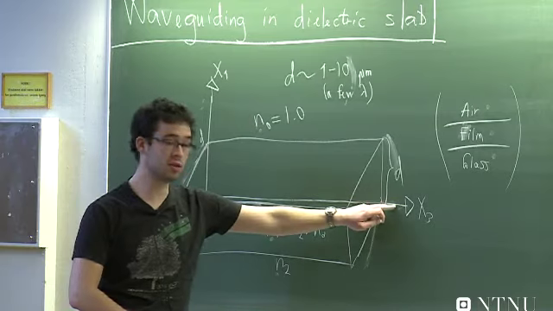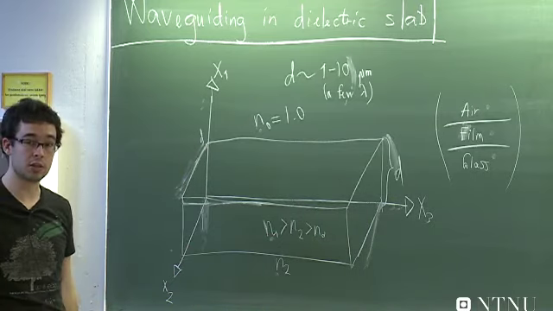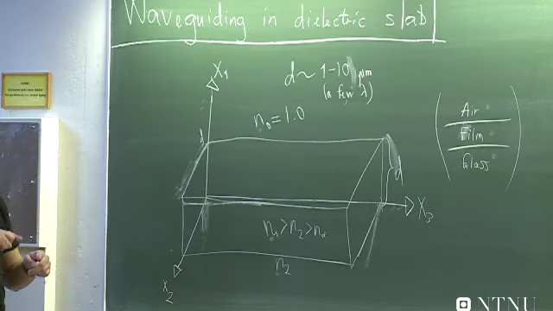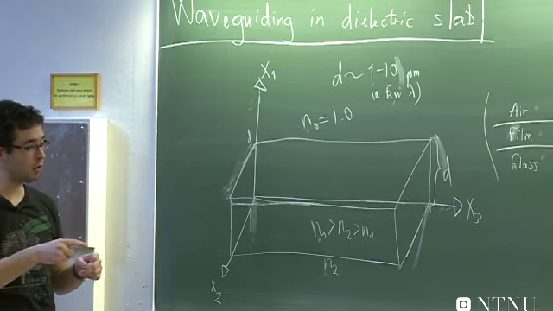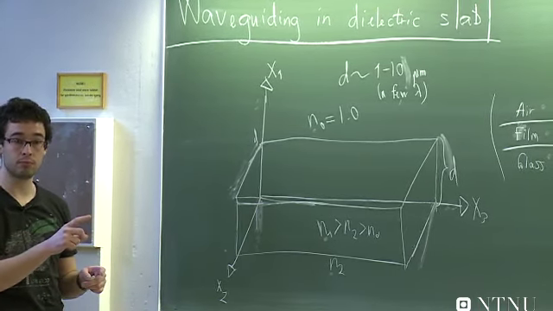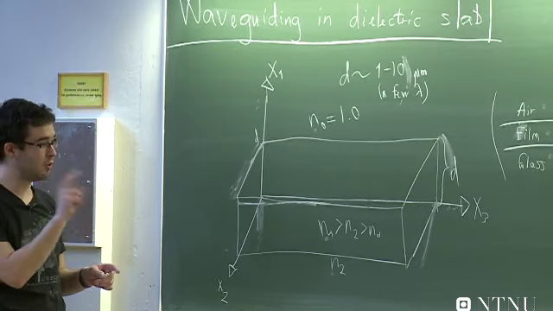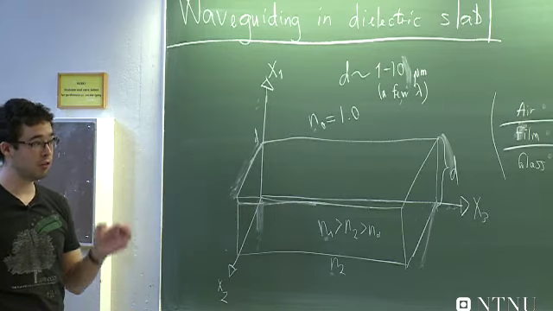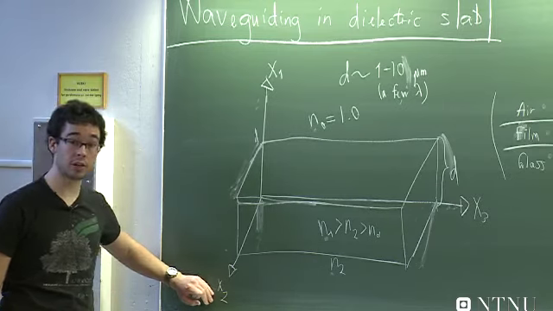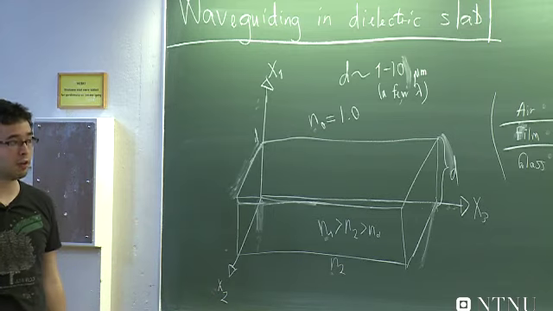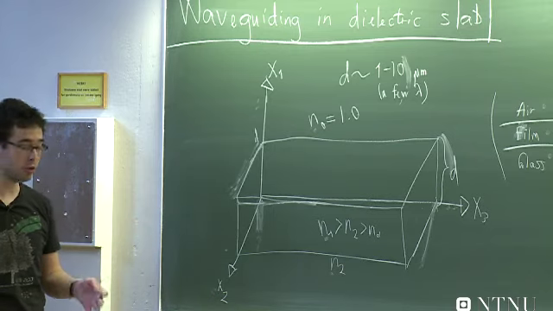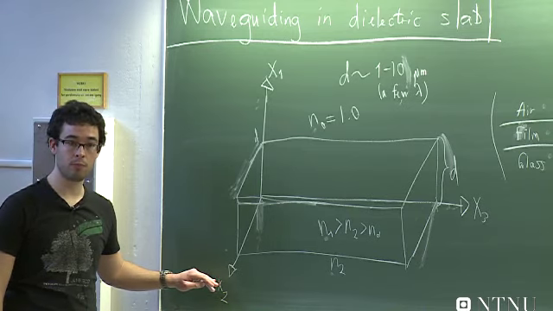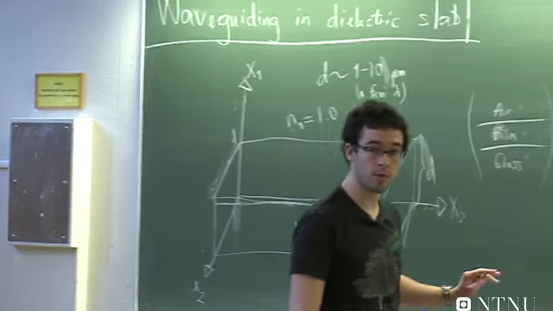Transverse means there's no component along the propagation axis. But from the equations we showed that E1 and E3 couple. So you can't have a TE mode with an E1. Okay? So the definition of transverse is just that the field is transverse, but the equations showed us that if the field is to be transverse, it has to be only pointing in the x2 direction. And same for the magnetic field. If you're going to have a transverse magnetic mode, you can only have a B field component along x2. Okay? Made it clear? I hope.